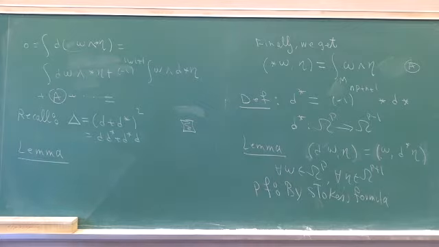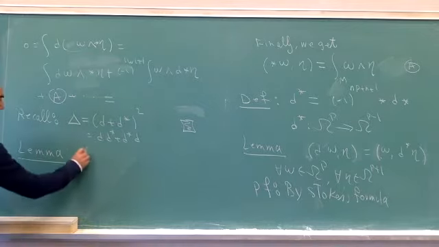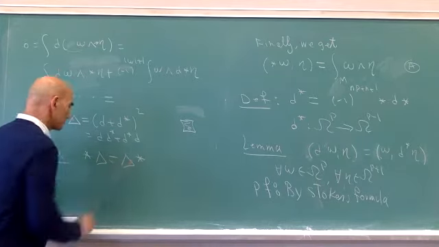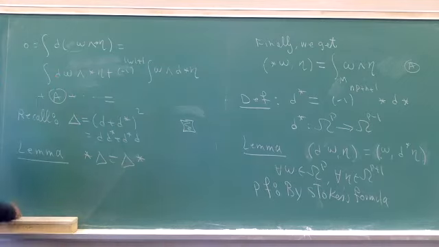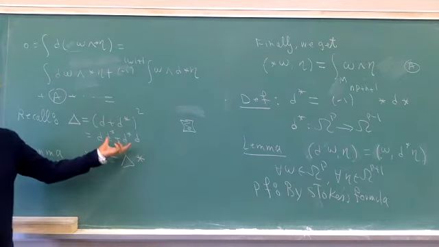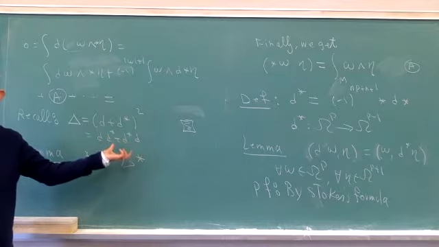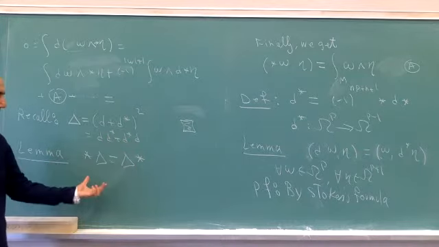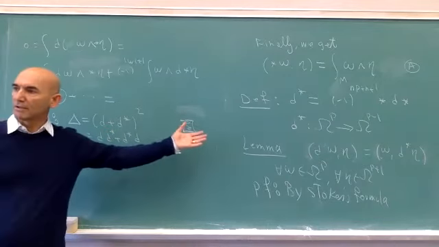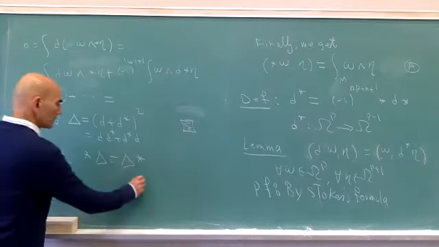So this is very important. Star Delta is equal to Delta star. This is explicitly given in terms of D and star and D again, and so you can just go on and check that. This level is very straightforward.